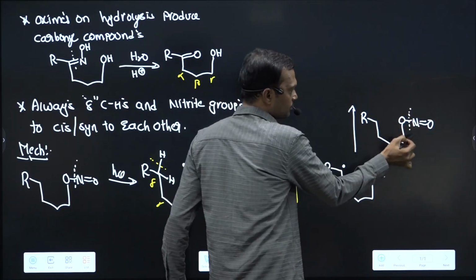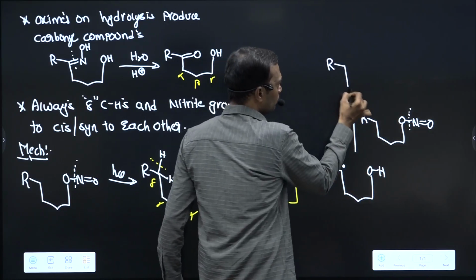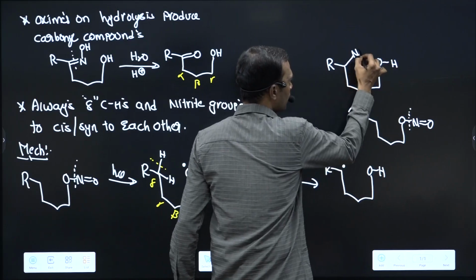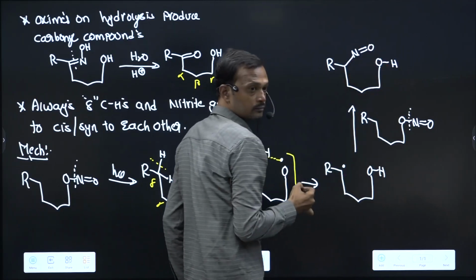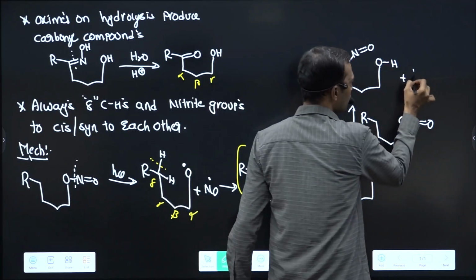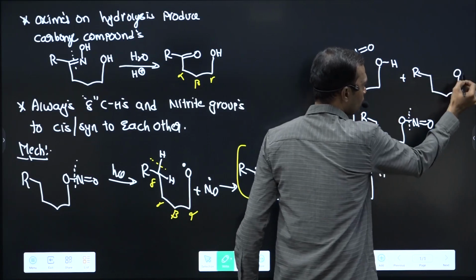Break this. This nitrosyl comes over here. Now what will you expect? OH. What are we getting now? N double bond O or not? So what is the byproduct of this one? The byproduct of this one is this. So this is R. You will get O radical, right?